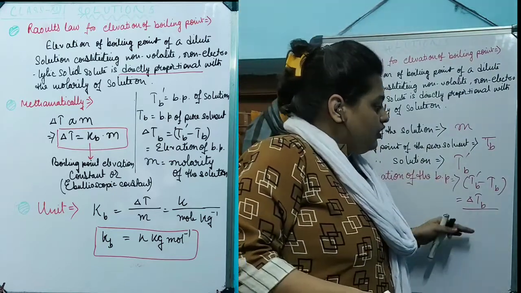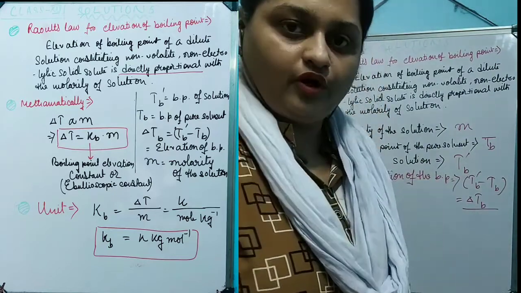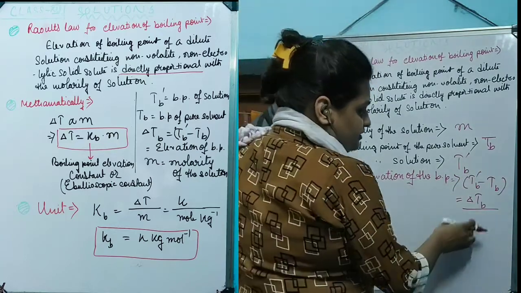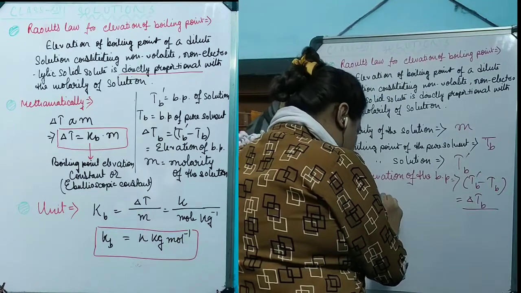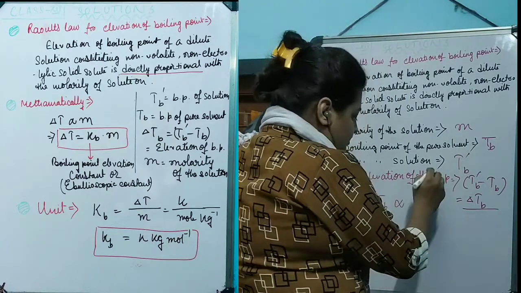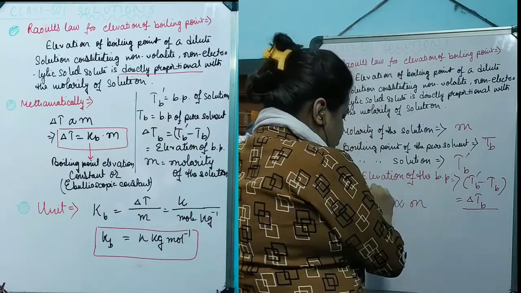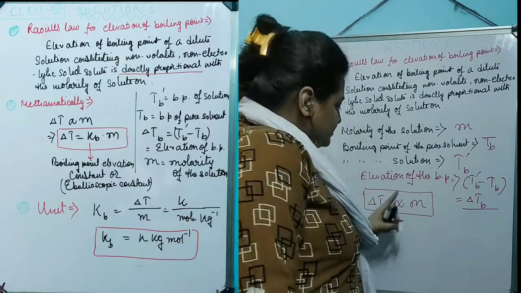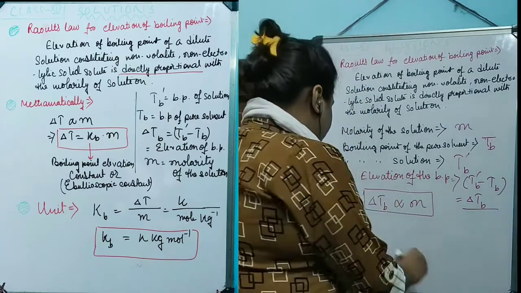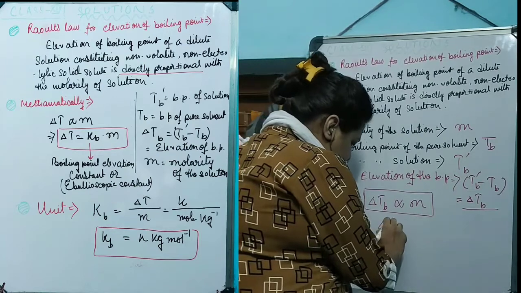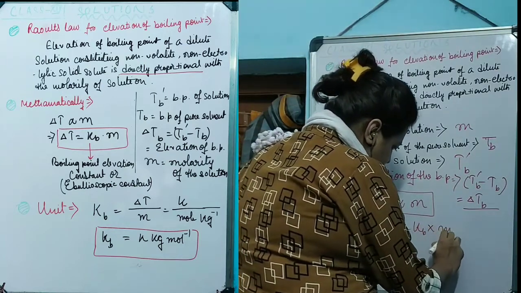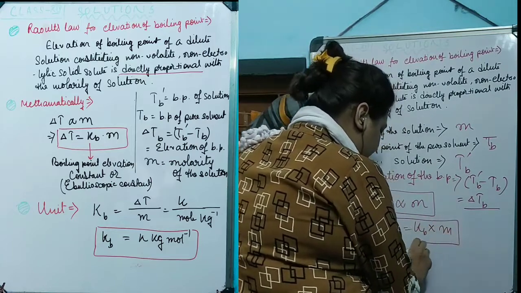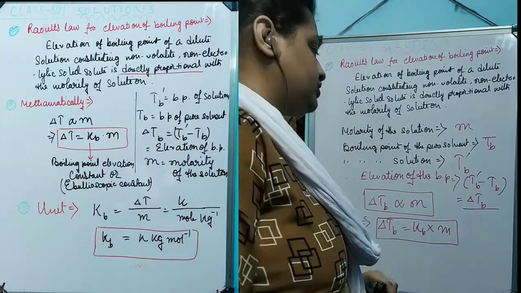Raoult gave a law regarding this elevation of boiling point. Raoult said that this elevation of boiling point is directly proportional to the molarity of the solution. This is Raoult's law. This can be written as delta TB equals Kb into M. This is the mathematical expression for elevation of boiling point.